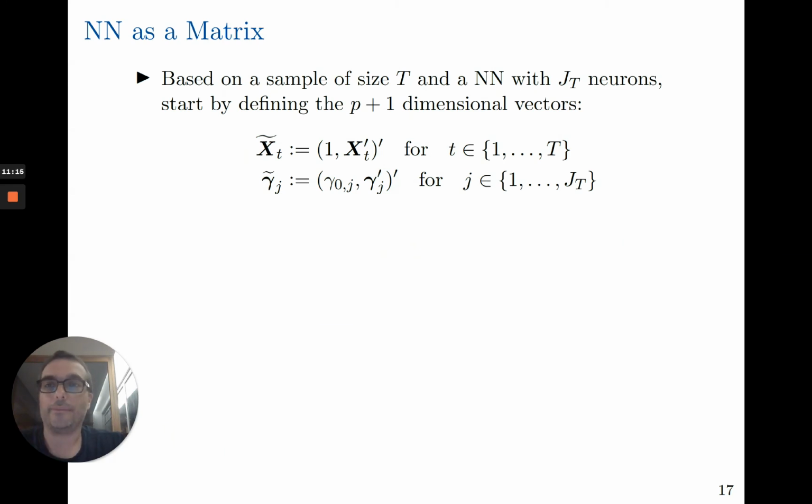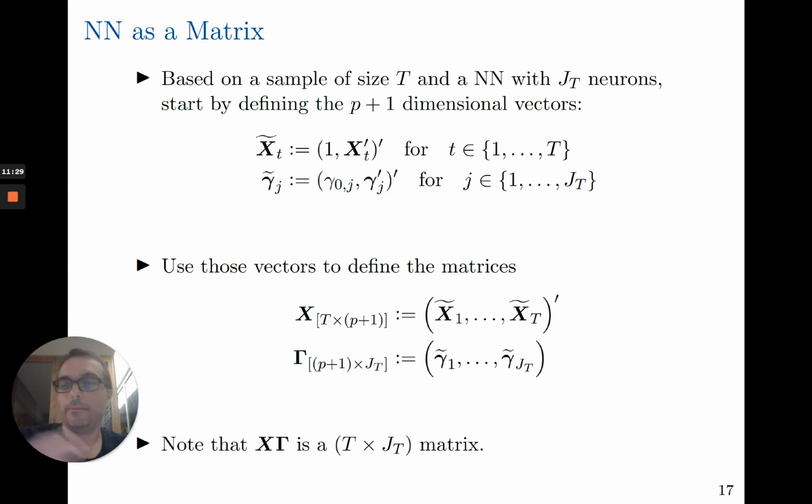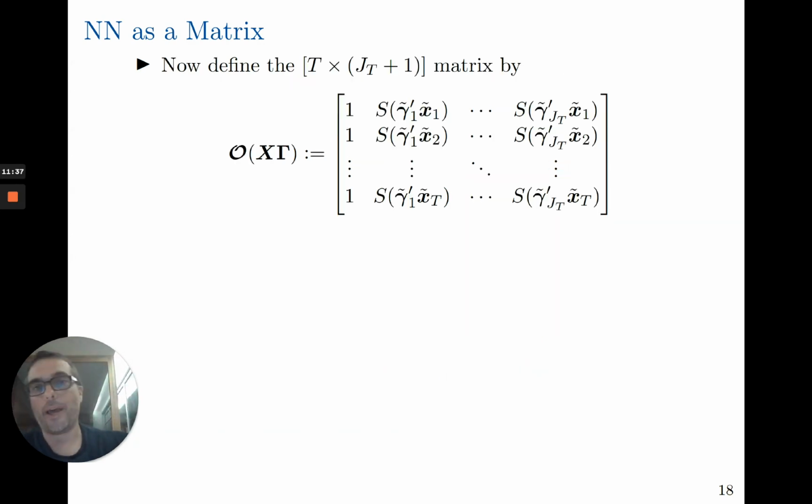And we can also look at this as a matrix. If we stack the variables, if we stack the parameters, we define the big matrix X and the big parameter matrix gamma, we can write this as X times gamma, so that's the matrix of the linear combinations of the inputs that will enter the neurons. Then we can define this matrix, calligraphic O of X gamma, being exactly the outputs of the hidden units.